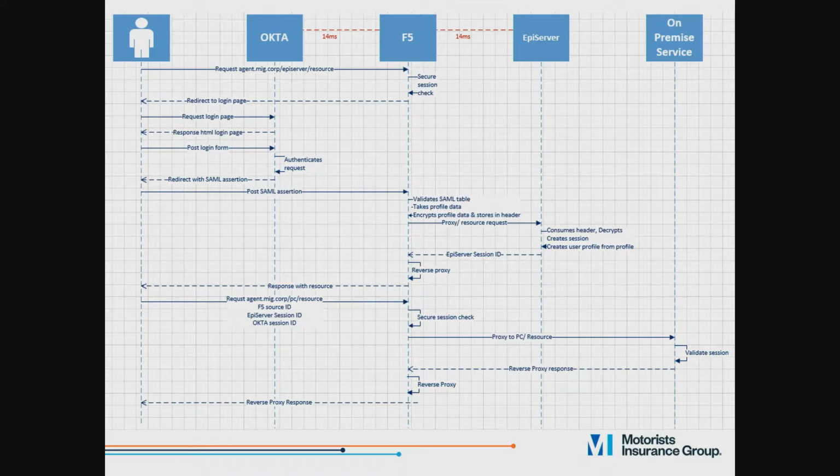SAML is secure access markup, and you like the diagram. You try to log into an app, and the app says you don't have a current token. It redirects you to the F5 because that application is the service provider. So then it redirects you to the F5, which is in fact the identity provider.